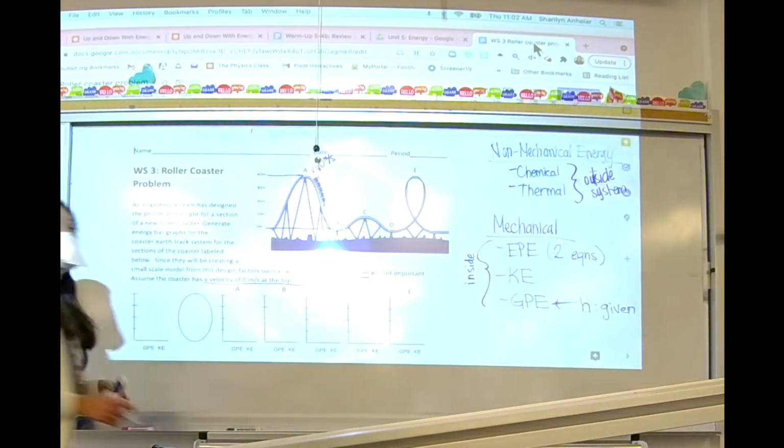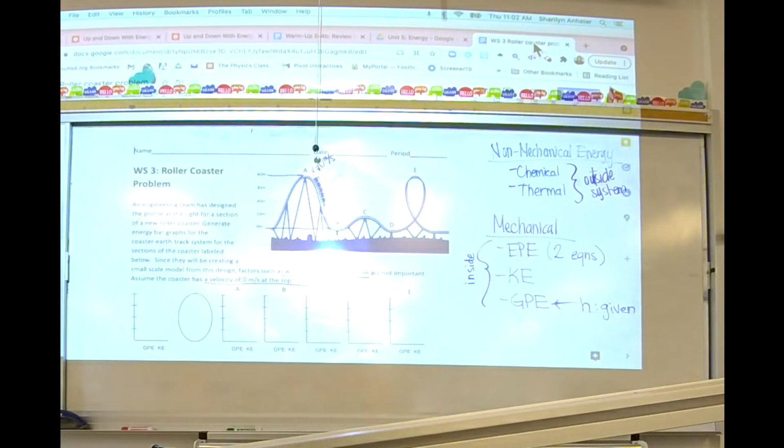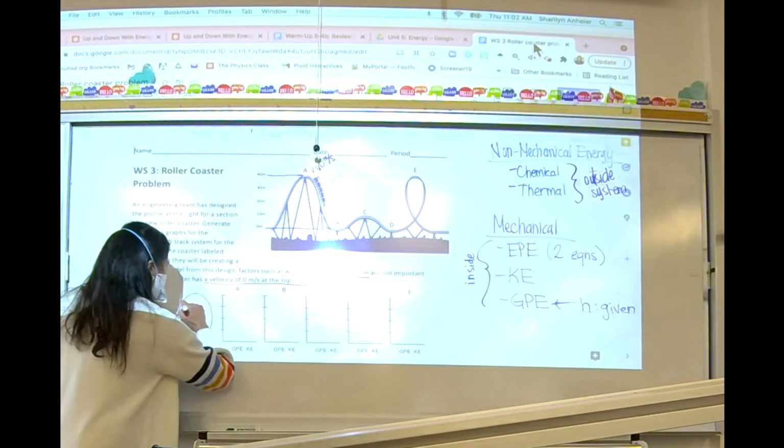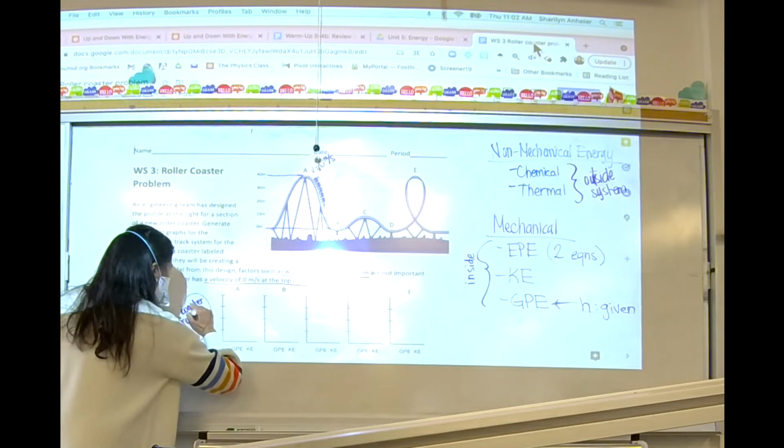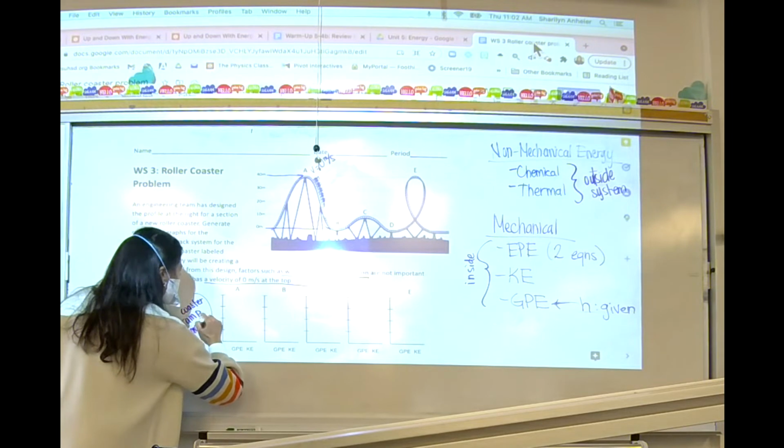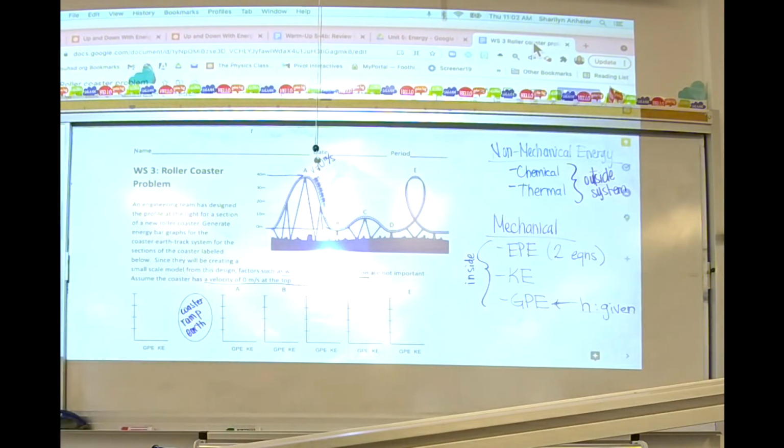So my system here, I'm going to define for you as the coaster, the ramp, and the earth. You need earth to have gravitational potential energy. You need the coaster because that is moving and it creates kinetic energy.